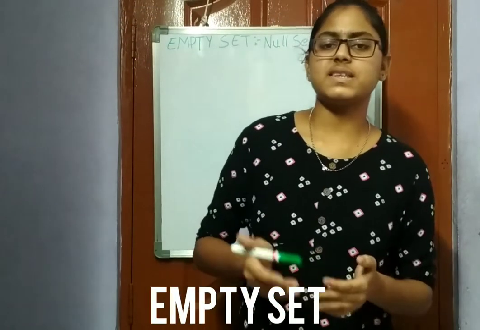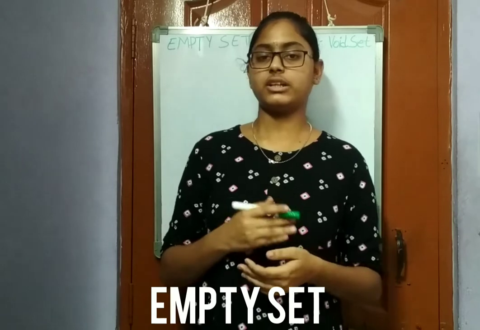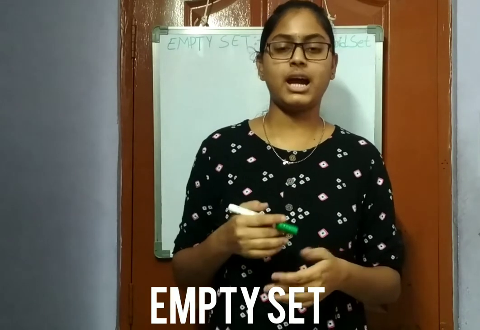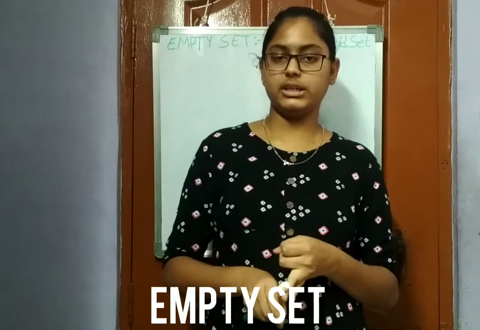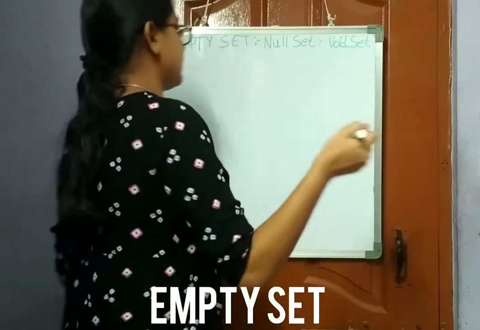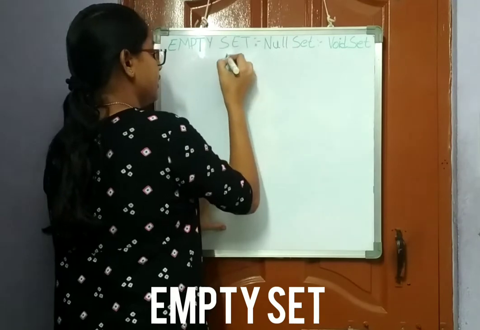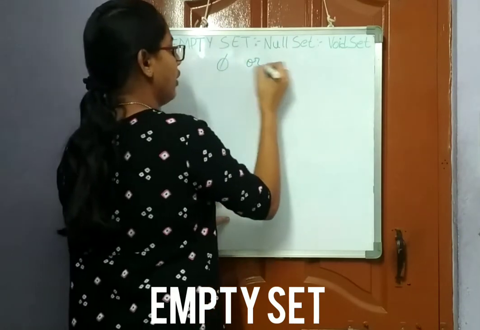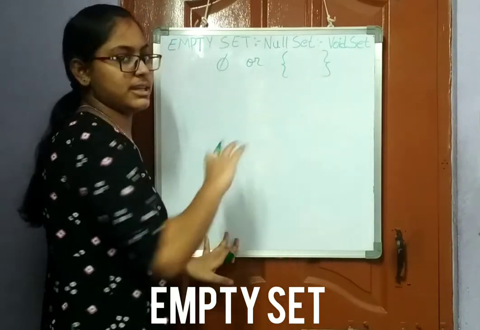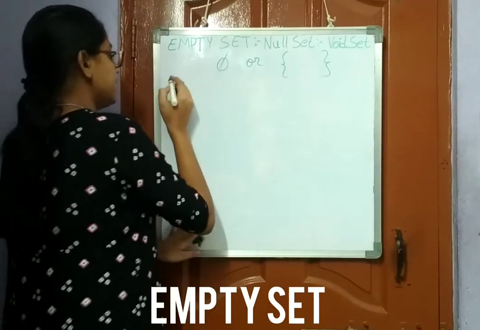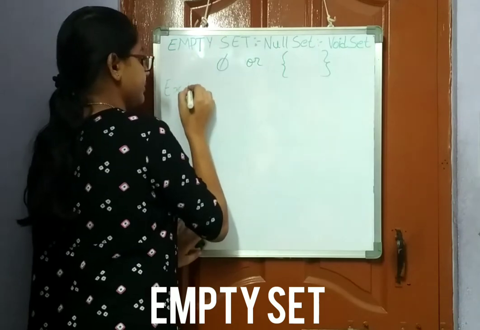Empty set. As the name suggests, a set which does not contain any elements is called an empty set. This is also called a void set or a null set. An empty set is denoted as phi or a set which is empty. Let's take some examples.